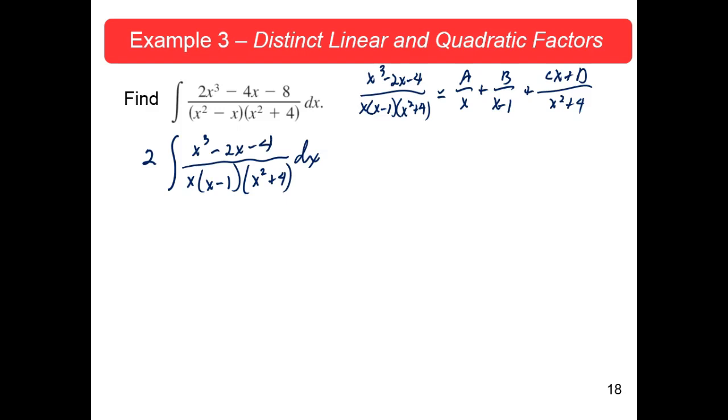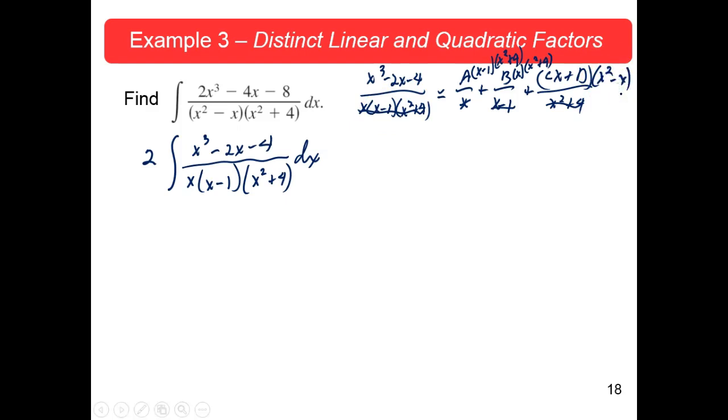Multiply by your denominator. It'll just wipe out that. Here it'll wipe out this part, but leave me an x minus 1 times x squared plus 4. And here it'll wipe out this part and leave me an x times x squared plus 4. And over here, it'll wipe out this part and leave me this times x minus 1, which I'm just going to write as x squared minus x.